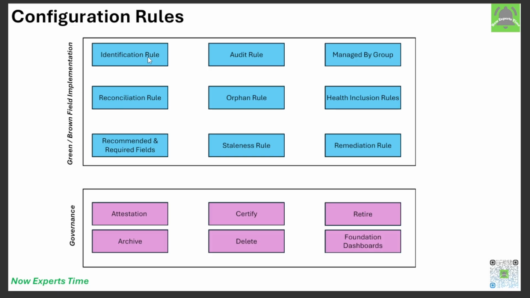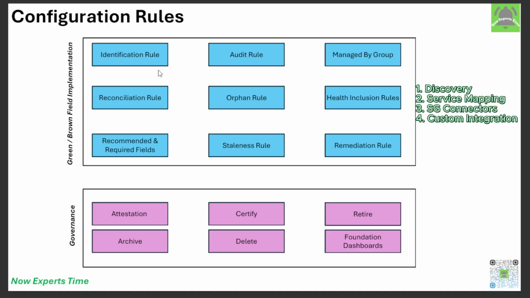The first one is the identification rule. Everyone knows the identification rule. Data comes from a third party to your ServiceNow, and there are four ways it can come.